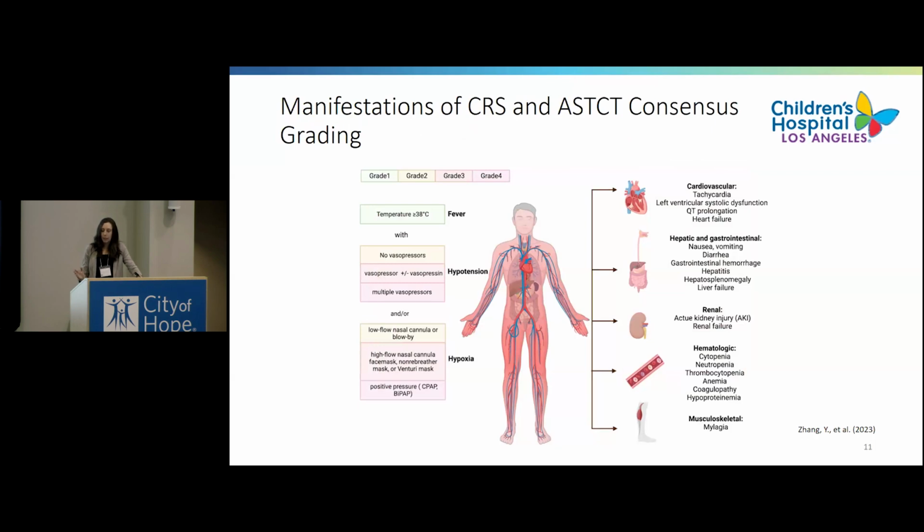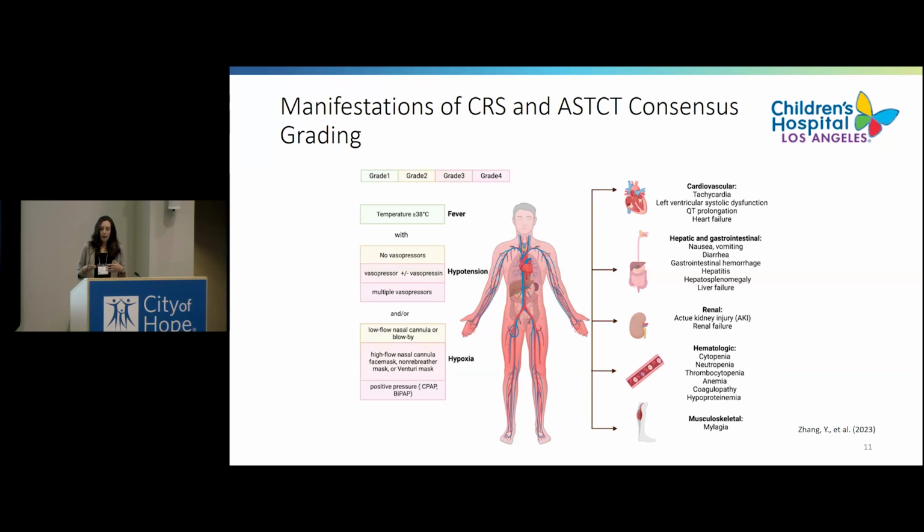It has the grading scale on the left-hand side, and then on the right-hand side lists the different organs that are affected. I like this because it breaks down all the different systems that can be affected when you have a patient with all of this inflammation. We're grading it based on fever, hypotension, and hypoxia, but there's so many different things happening in these patients.